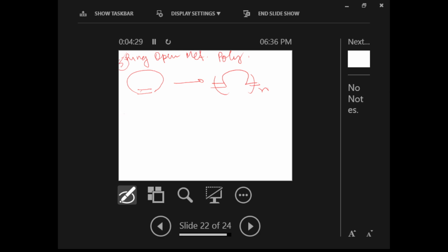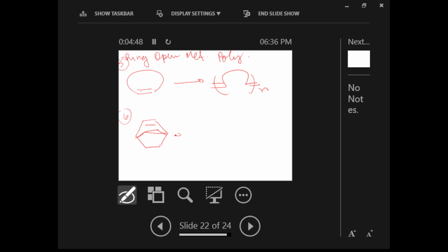The next, sixth category, is ring opening cross metathesis. This reaction is very important because the substrate is very important. All these names are given according to the different kinds of substrate.